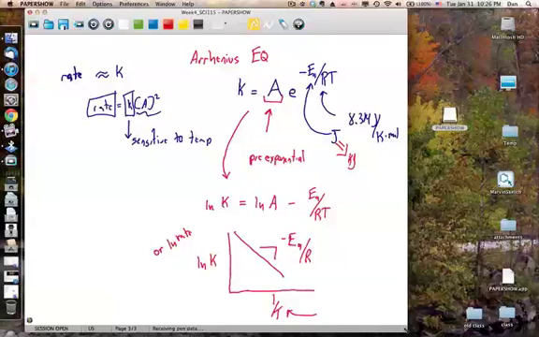Again, the units for temperature would have to be in Kelvin. What this allows us to do is to graphically represent rate data as a function of temperature to get our activation energy, the energy required to form this activated complex, which is actually quite useful in terms of how reactions behave.